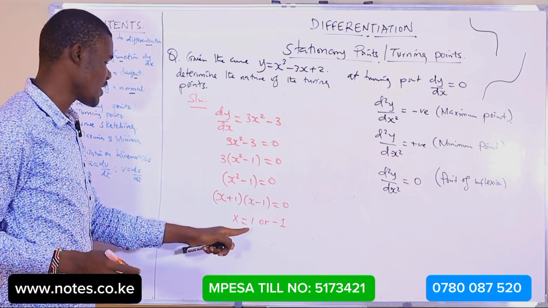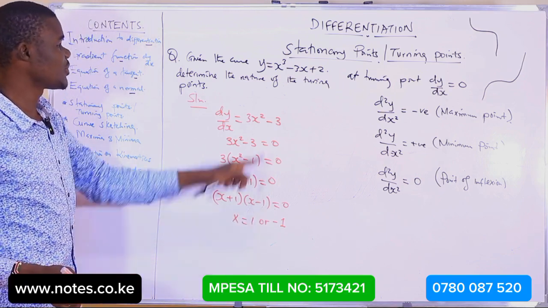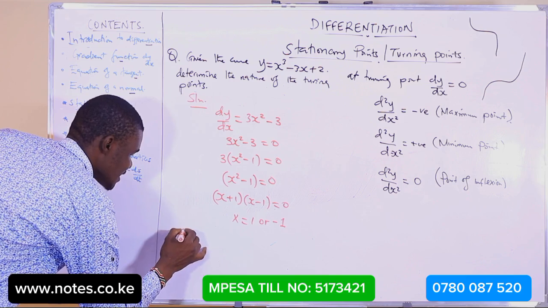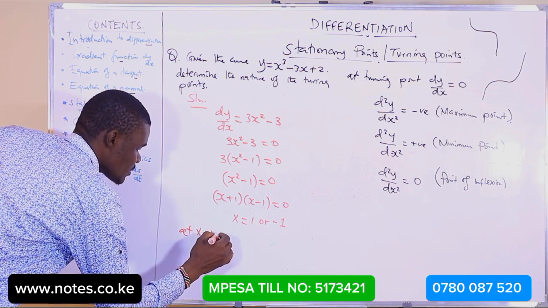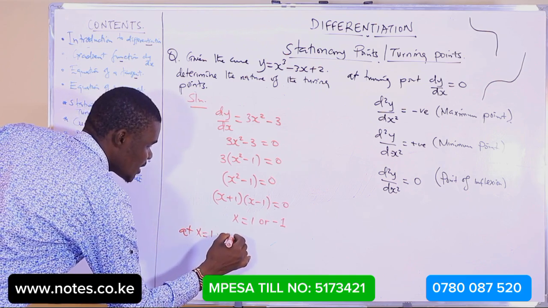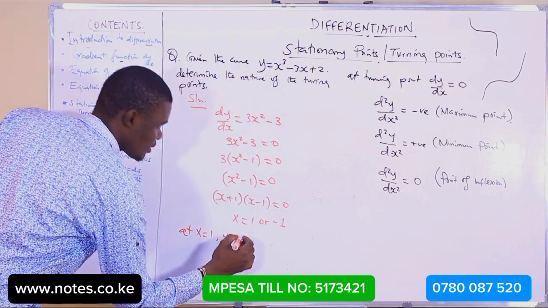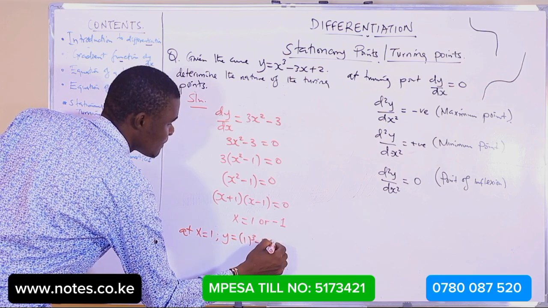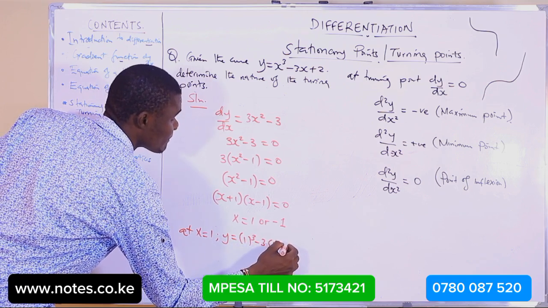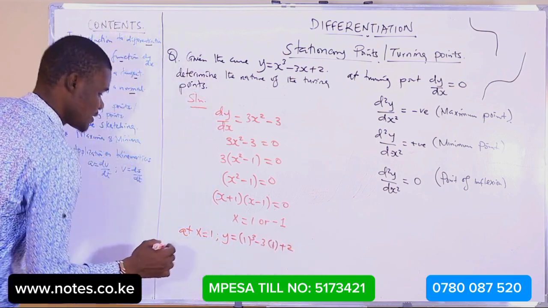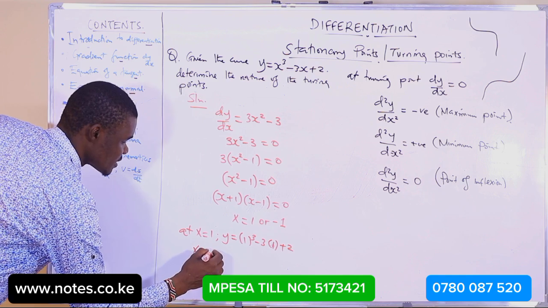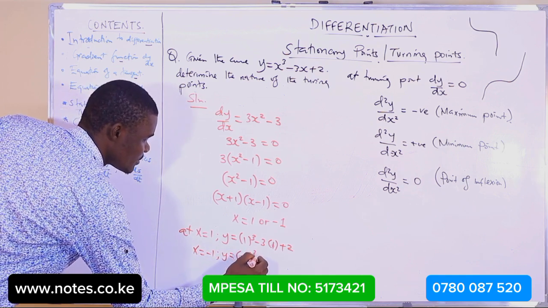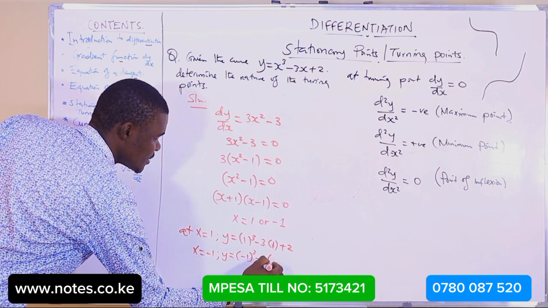Because we found the values of x, we will replace, so you'll help me there. We're going to say at x equals 1, what is the value of y? Y will be, you replace 1 cubed minus 3 into 1 plus 2. Then at x equals negative 1, you will replace the value of y: negative 1 cubed minus 3 into negative 1.